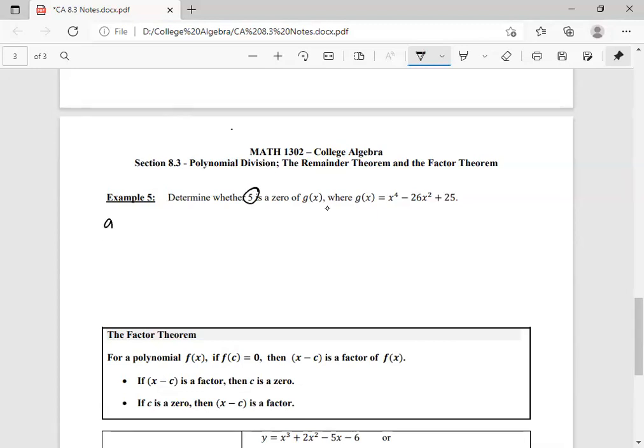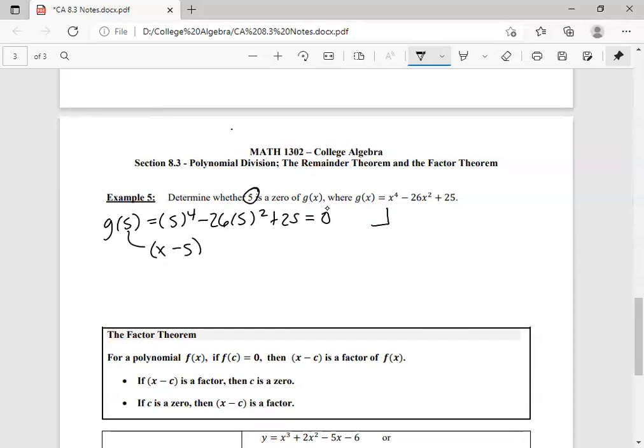So that means I'm going to plug in 5 every time I see an x. And if the answer is 0, which it is, then it's a 0. 5 is a 0. The factor part that would go with that would be the opposite. It would be x minus 5, right?